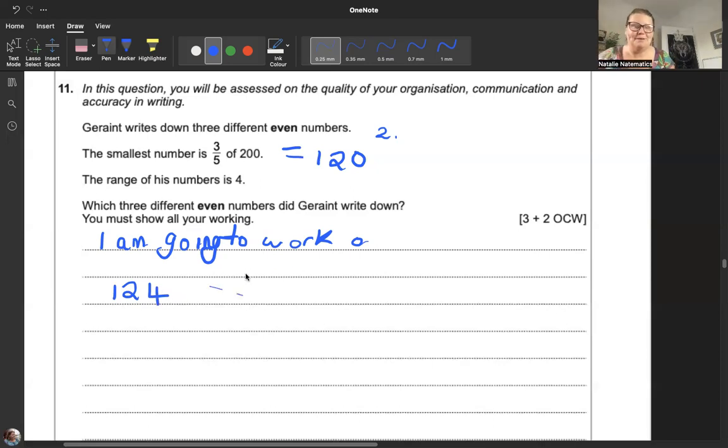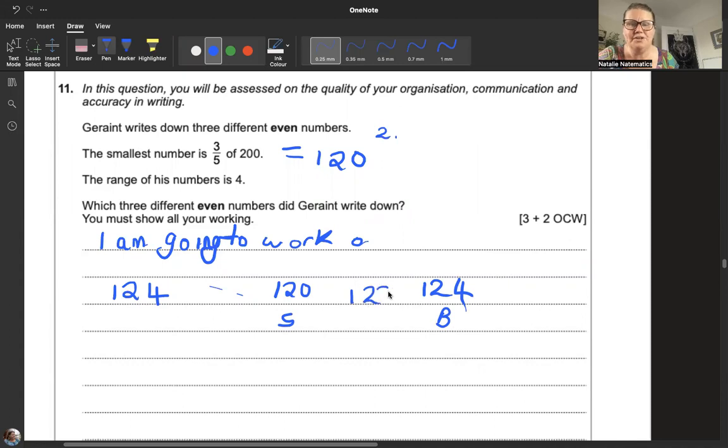Carol's coming in, it's completely thrown me. So we've got 120 and then 124. The question says he's got 3 different even numbers, so this is the smallest, this is the biggest, so this one must be 122.